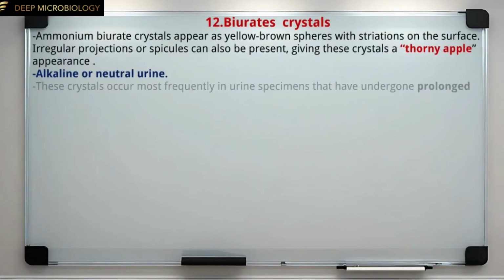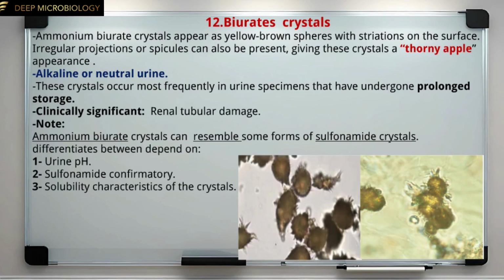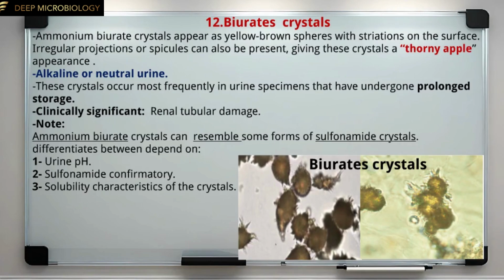12. Biurate crystals. Ammonium biurate crystals appear as yellow-brown spheres with striations on the surface. Irregular projections or spicules can also be present, giving these crystals a thorny apple appearance. They can form in alkaline or neutral urine. These crystals occur most frequently in urine specimens that have undergone prolonged storage.